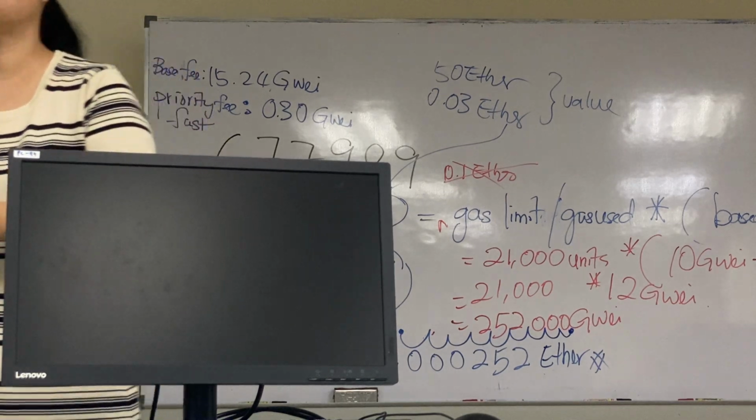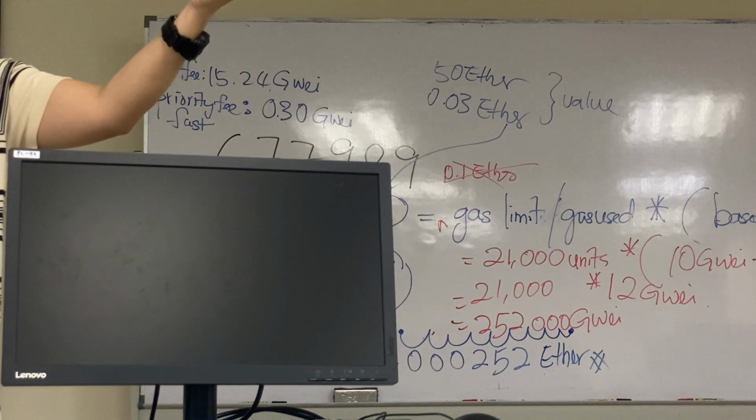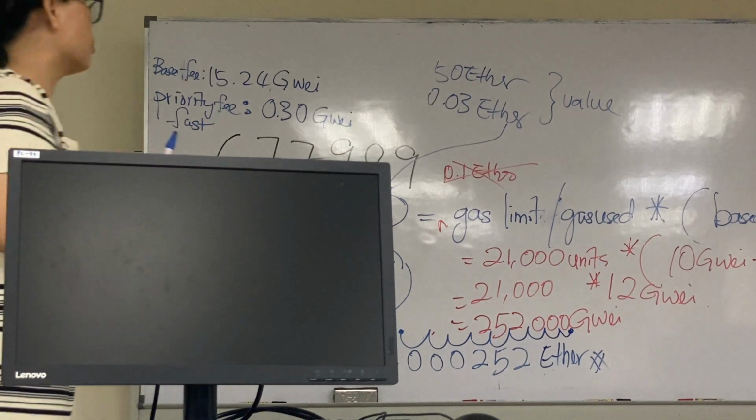It does not mean that because you transfer 50 ether, you have more execution lines to be executed by the node. No, that is the same code. No matter you transfer 0.03 or 50 ether, you are still executing the same code.